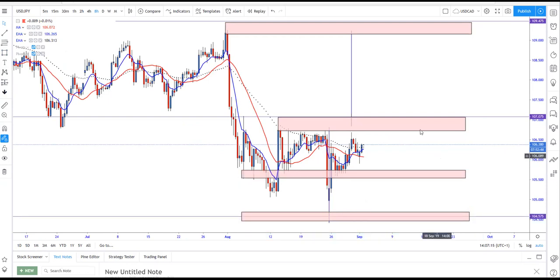So I have established support levels here, resistance there. This is resistance based on these price actions, and the support level is based off this wick. So I've given you the reasons why I've selected these levels.